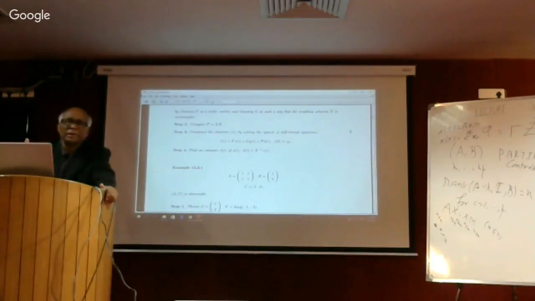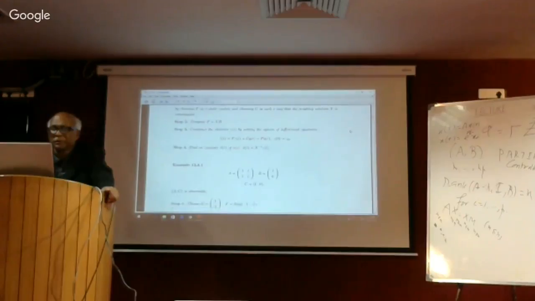And you can have the observer Hessenberg form to do that. And actually the algorithm for solving that simplest observer equation is based on reduction of the pair A, C to observer Hessenberg form, not controller Hessenberg form. But here is a simple algorithm to show you how it works.